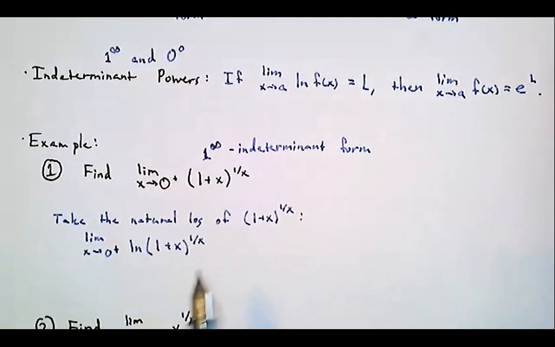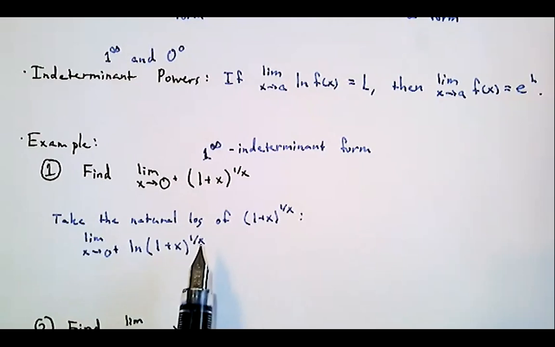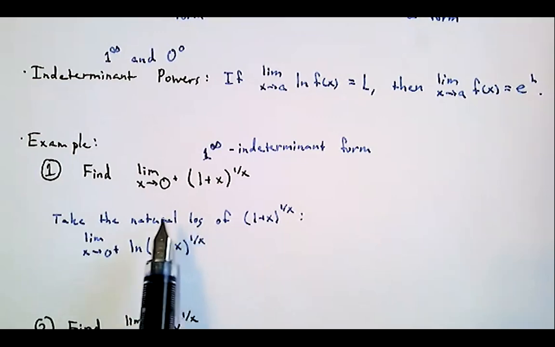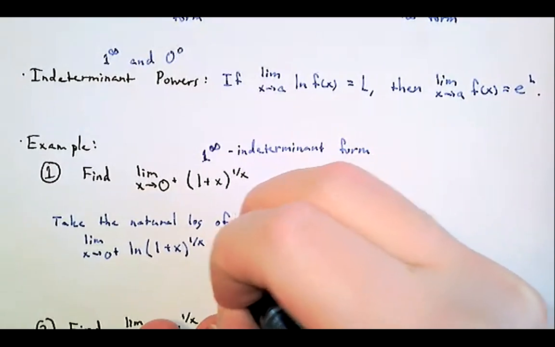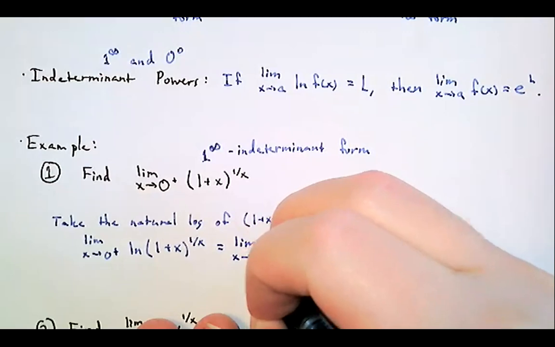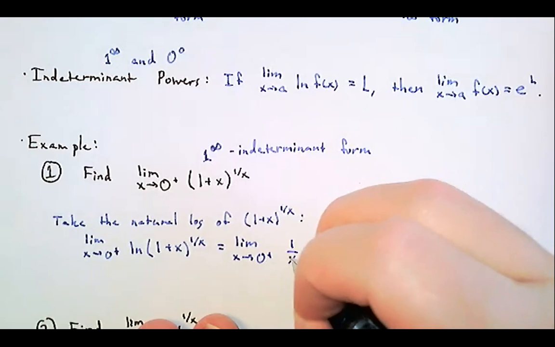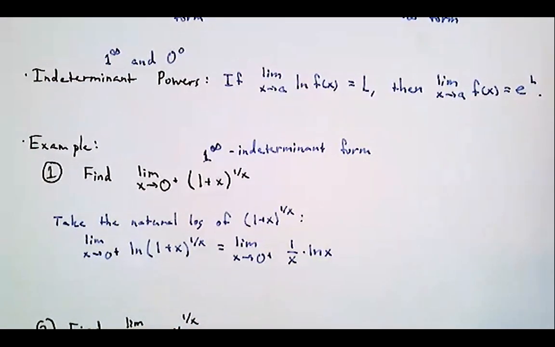And the magic, the technique, comes from one of the properties of the natural log that we've learned. It tells us that instead of leaving an exponent inside of the natural log, we can instead bring it to the front and write it as multiplication. So what we've done is gotten rid of the exponent, like so.